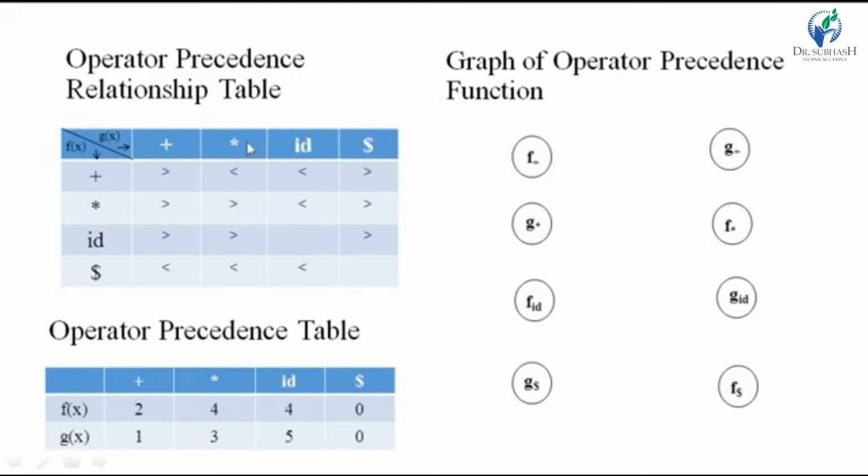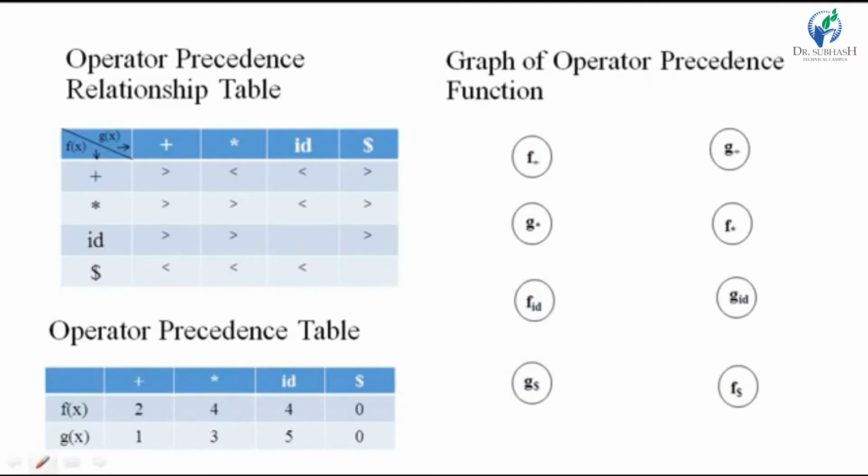So there are a total of 4 operators: plus, star, ID and dollar. Note that there is no relation between ID and ID, and dollar and dollar.